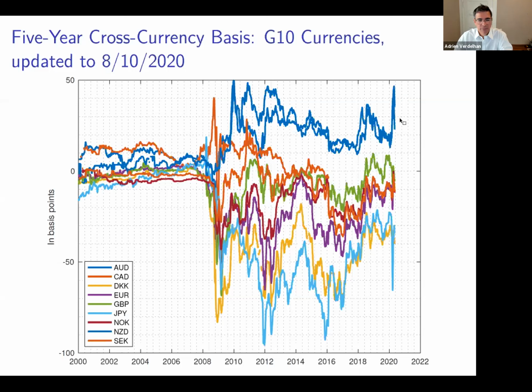So this is something really big that we need to understand. And clearly, there is a before and after. So any story we entertain or suggest to understand this needs to explain why the CIP deviation was 0 before and is so big now.